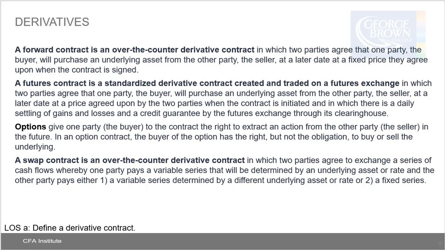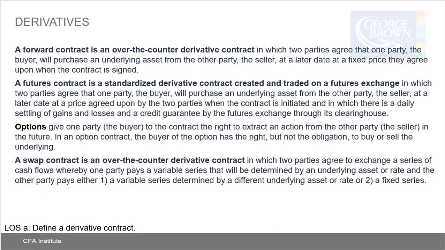A futures contract is a standardized derivative contract created and traded on a futures exchange in which two parties agree that one party, the buyer, will purchase an underlying asset from the other party, the seller, at a later date at a price agreed upon by the two parties when the contract is initiated. So you can see that's very similar to a forward contract.